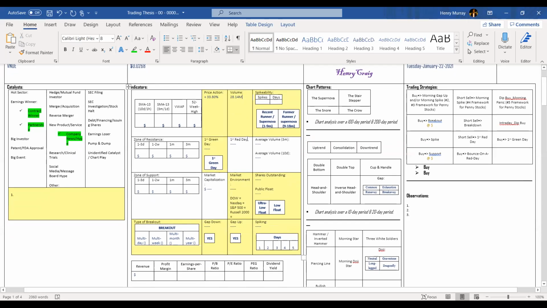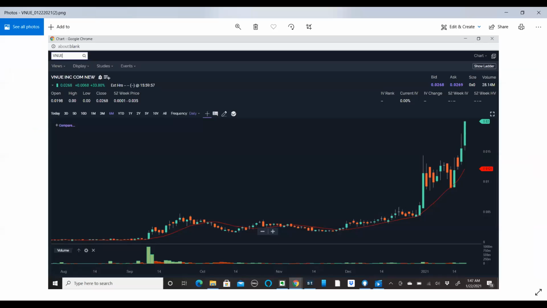Okay. All right. Spikeability. We're looking at the chart over the 1 year time frame, and we want to determine how many times that stock has spiked. So this is over a 6 month time period.